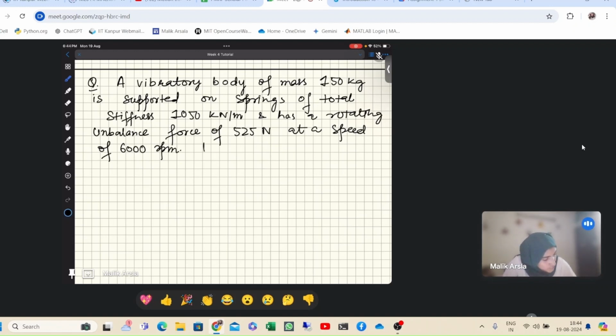If the damping ratio, basically the zeta, is 0.3, determine transmissibility.